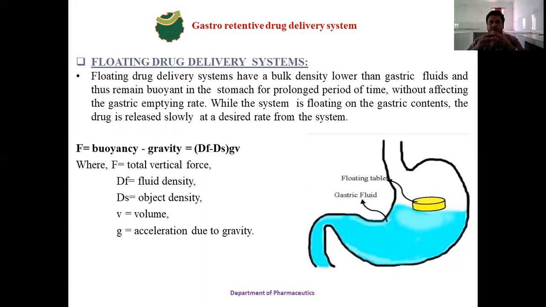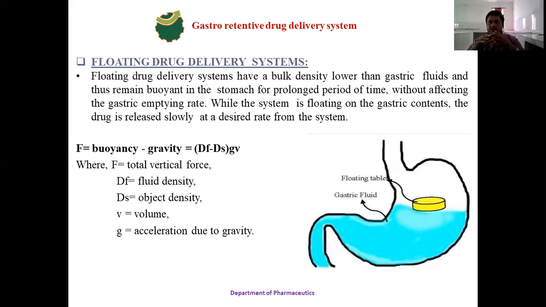It is buoyant in the stomach for a prolonged period of time without affecting the gastric emptying time. Means if you are taking food or water, it will not hamper or affect the gastric emptying time. With the normal gastric emptying time, it will retain in the stomach for a long time.